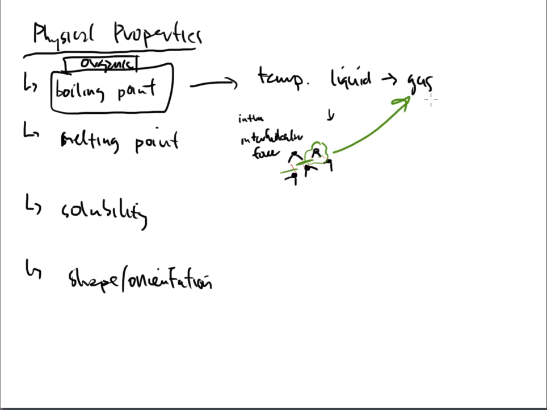For something to boil, the forces between the molecules have to be broken and they have to be kept apart. That's the other half of the story that people forget about. Not only do you have to break them, but you got to keep them separated. Because if they come back together, it's going to form a liquid again. That's condensation.